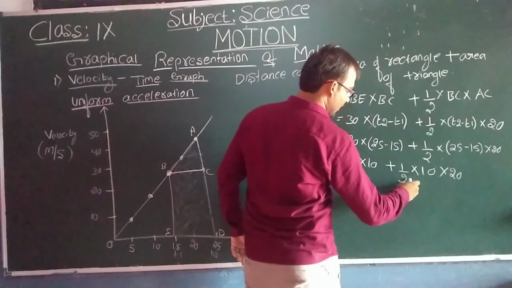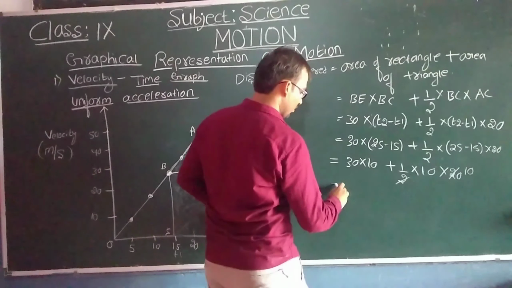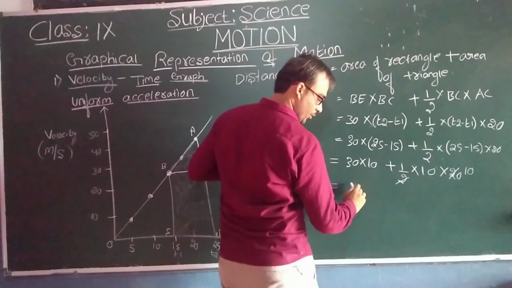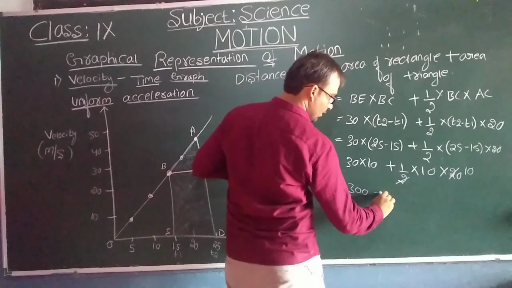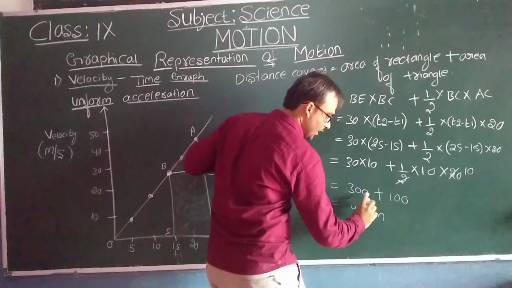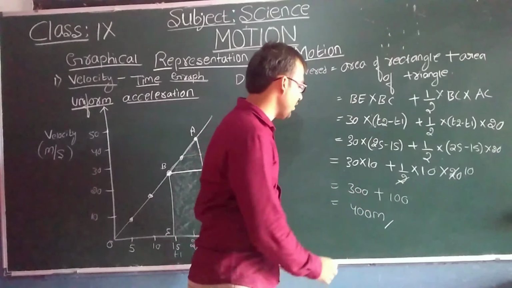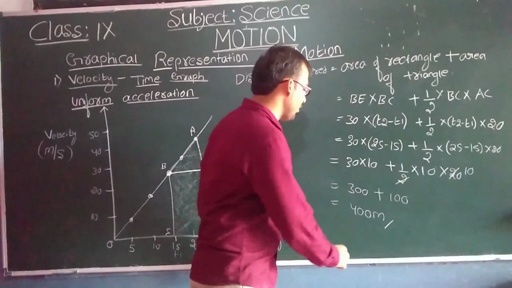Cancel this one. 2 ones are 2, 2 tens are 20. So 30 into 10 is 300, plus 10 into 10, 100. As we have taken these things in meters, 300 plus 100 is 400.